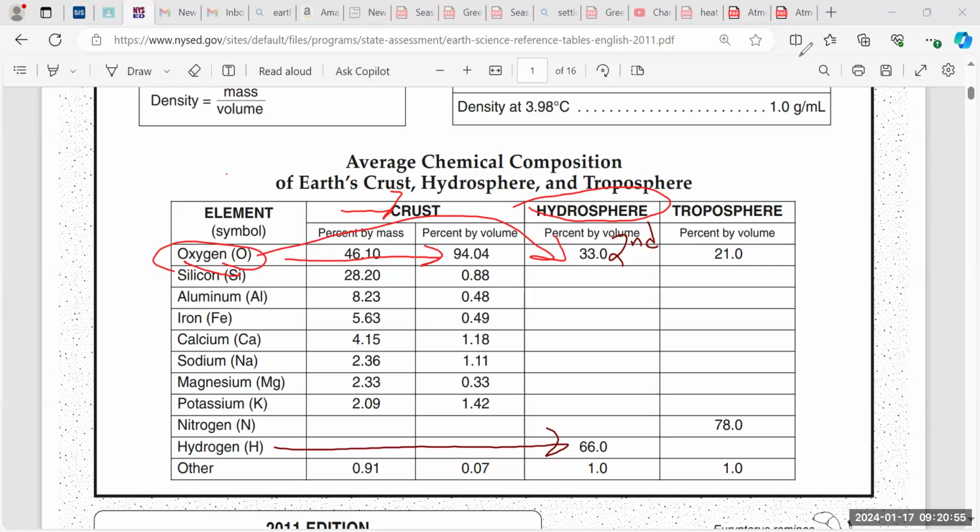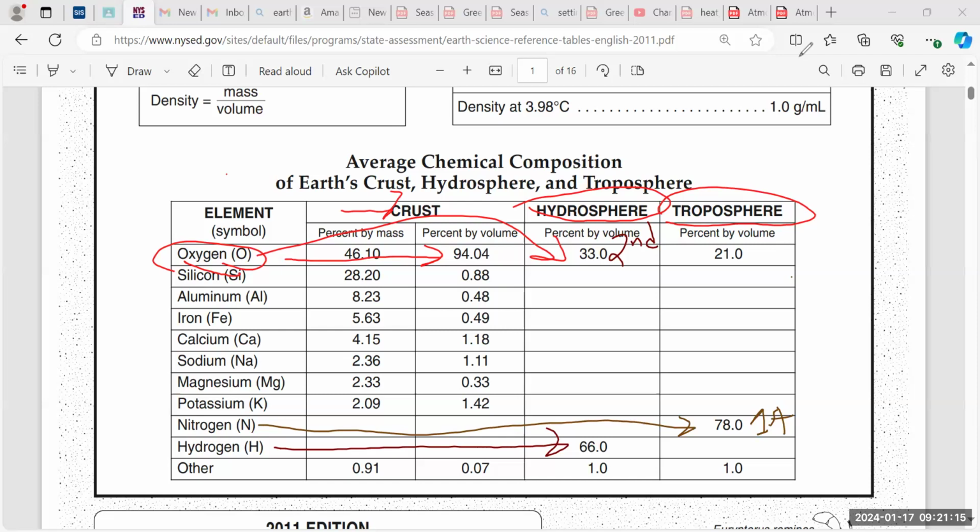Well, when I look in the troposphere, what do I see? The first most in the troposphere is nitrogen. That's the first most. What is the second most element?